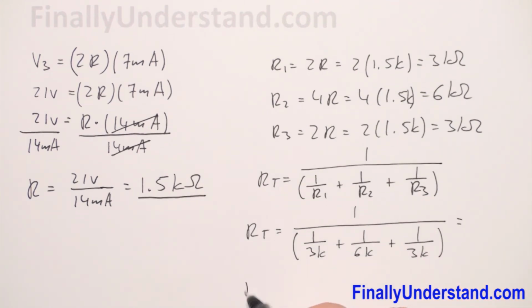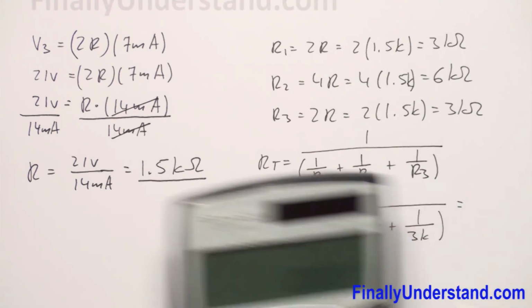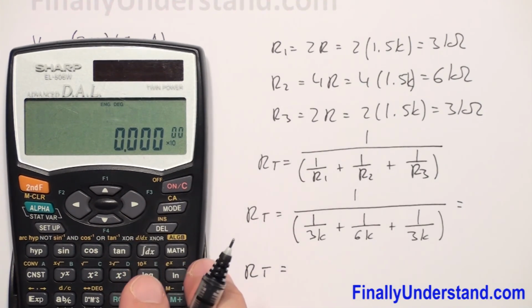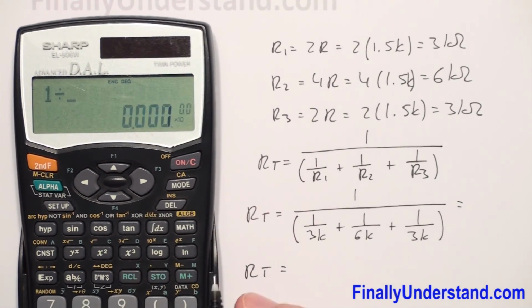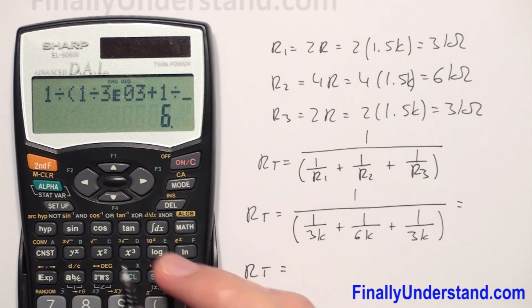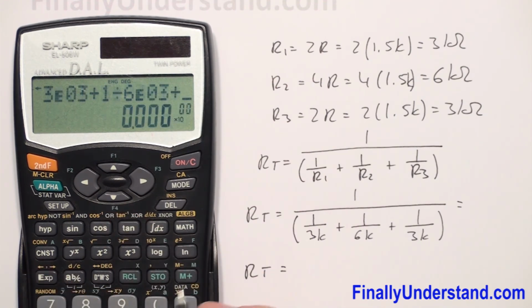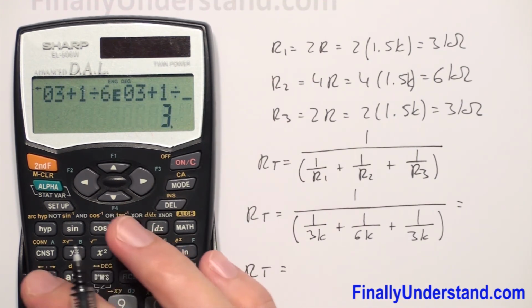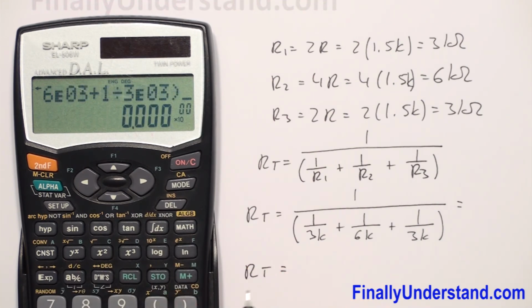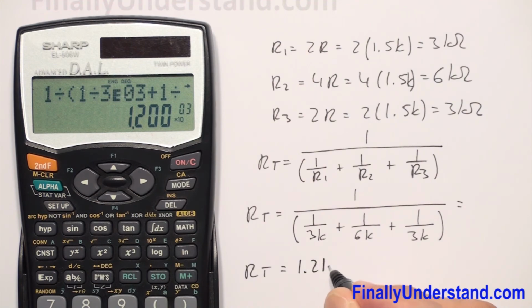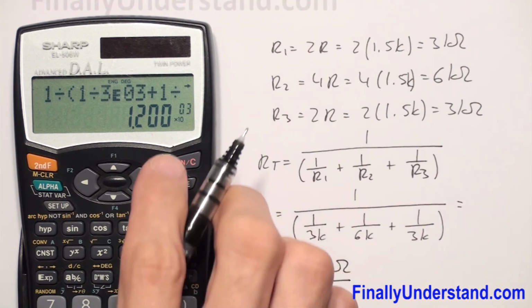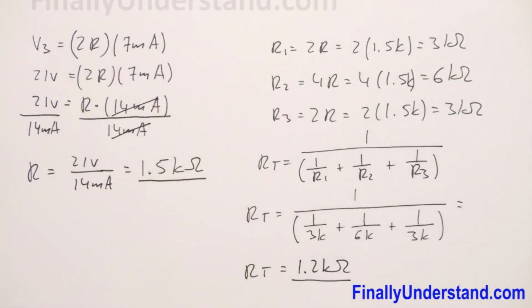So R total is equal to 1 divided by open parenthesis 1 divided by 3 times 10 to the power of 3 plus 1 divided by 6 times 10 to the power of 3 plus 1 divided by 3 times 10 to the power of 3, close parenthesis. This is equal to 1.2 kilo ohms. We found the total resistance.